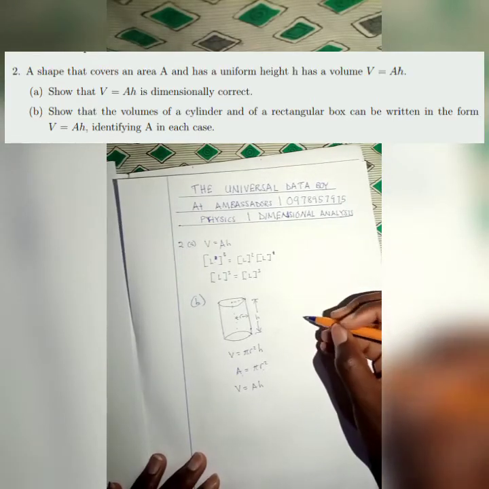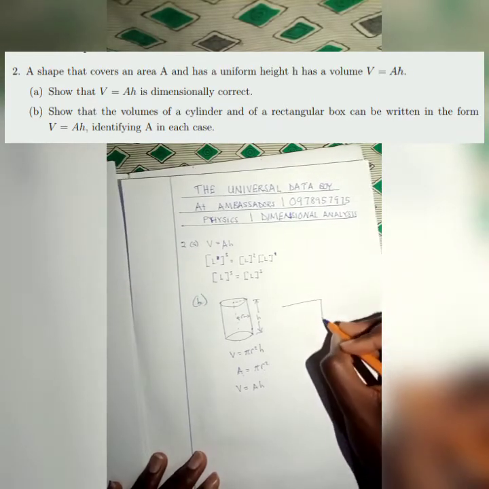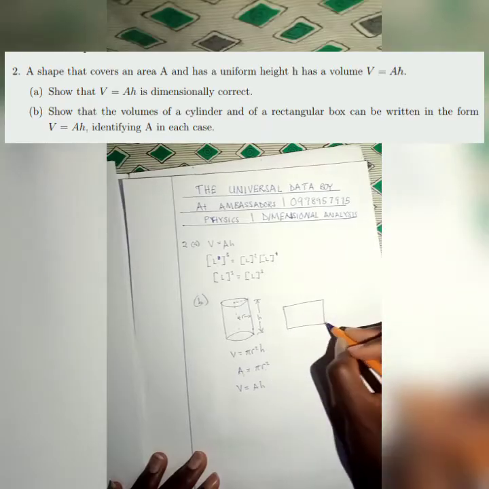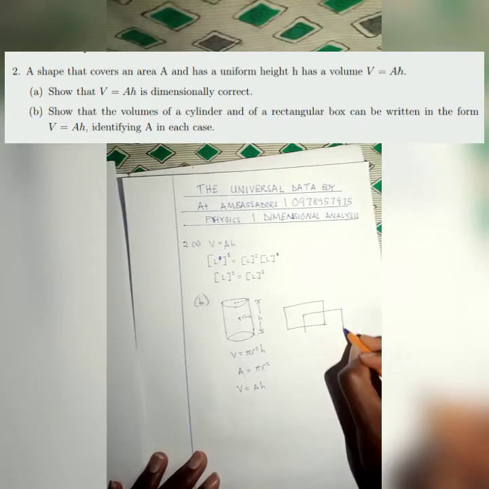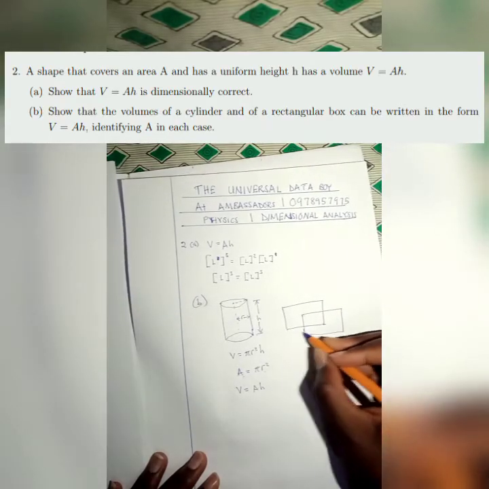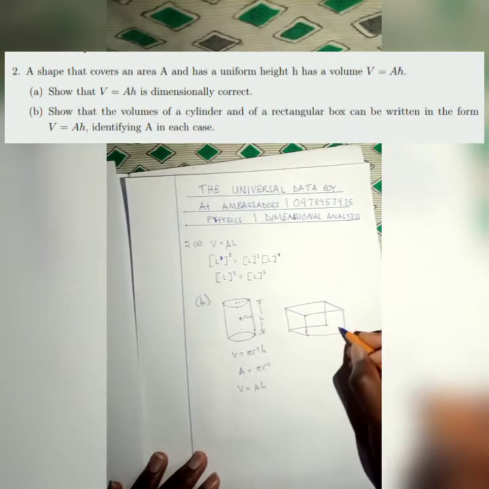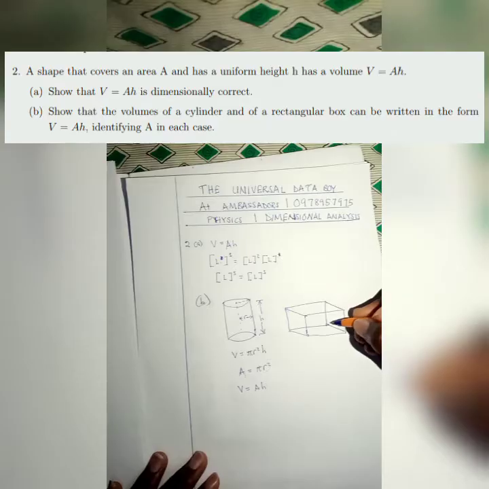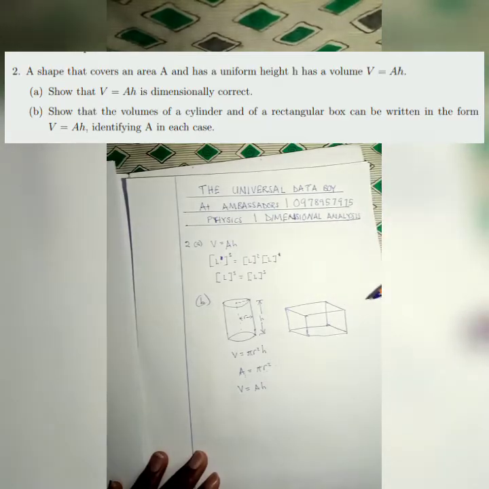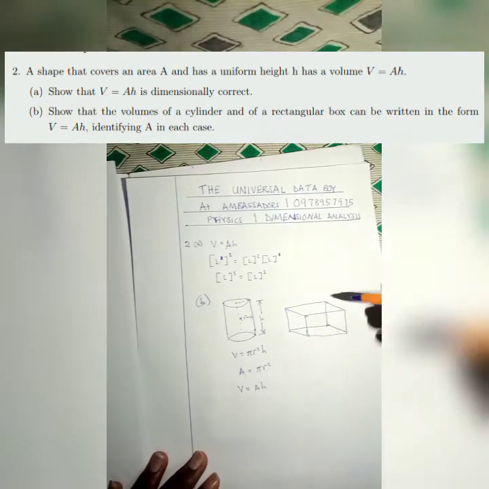Now a rectangular box must look something like this. This is a box; I'm trying as much as possible to draw it in 3D. This face is at the back, this face is this side, this face is up, this face is down.